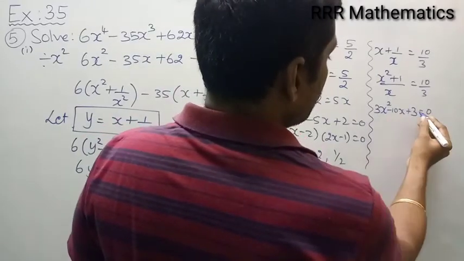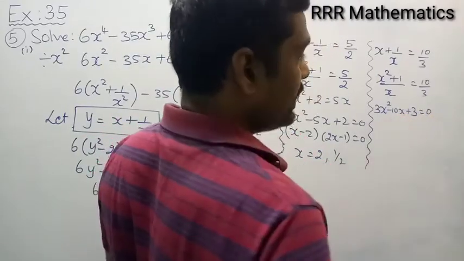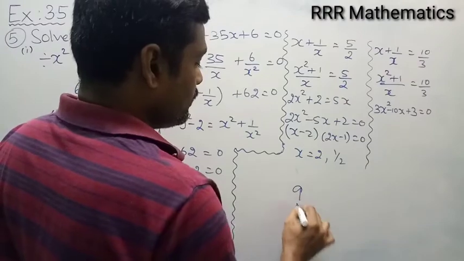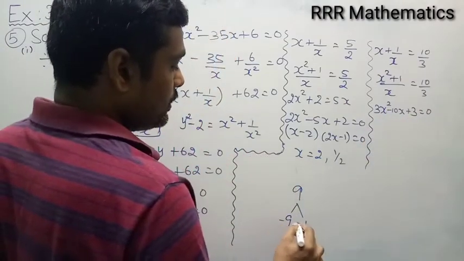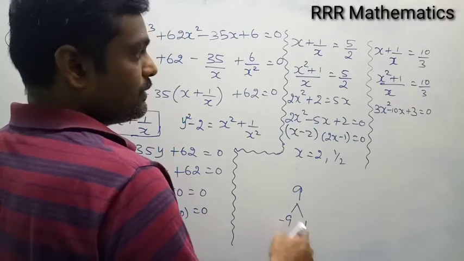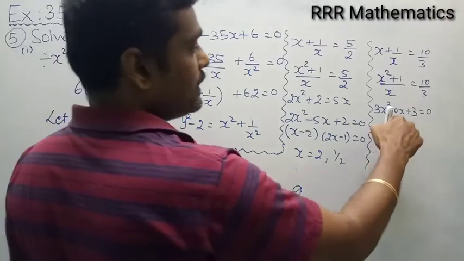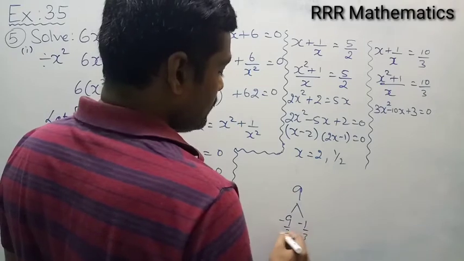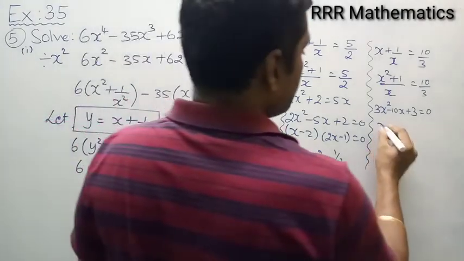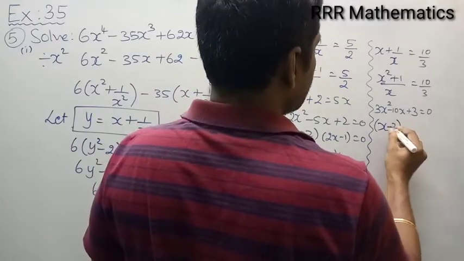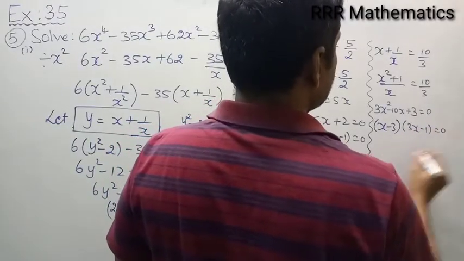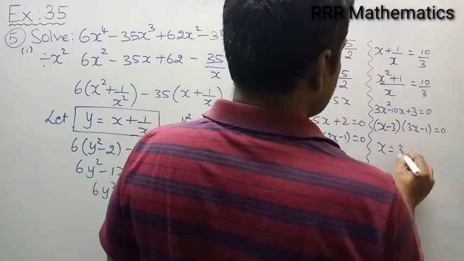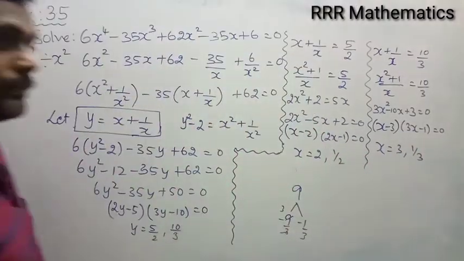Here the product is 9, sum is minus 10. So minus into minus is plus, 9 ones are 9, minus 9 minus 1, minus 10. Just divide by 3. It will be (x − 3)(3x − 1) = 0. x will be 3, 1/3.